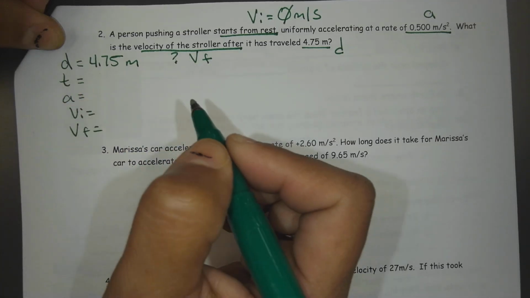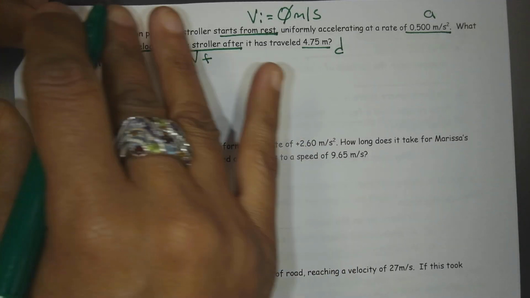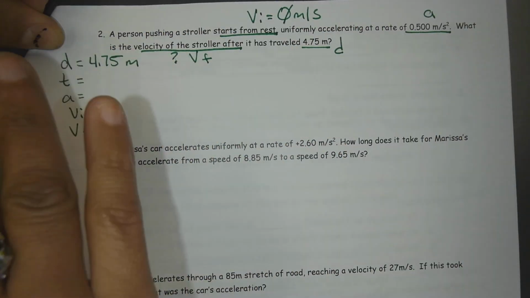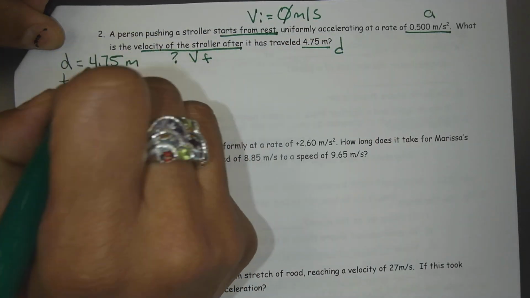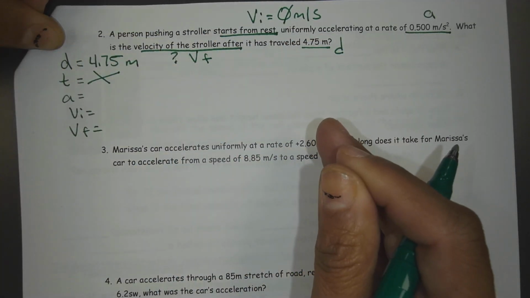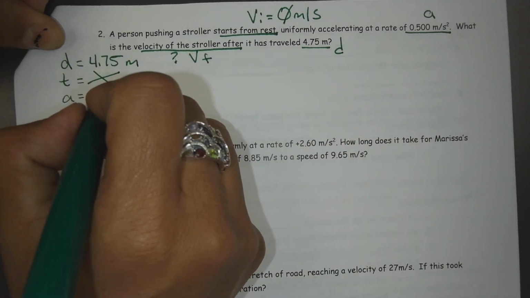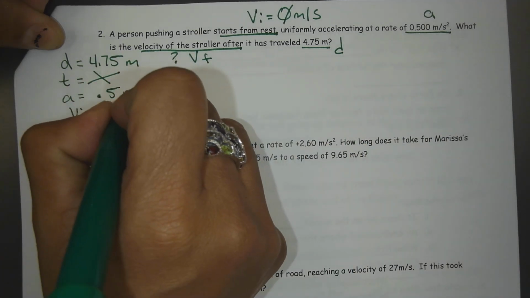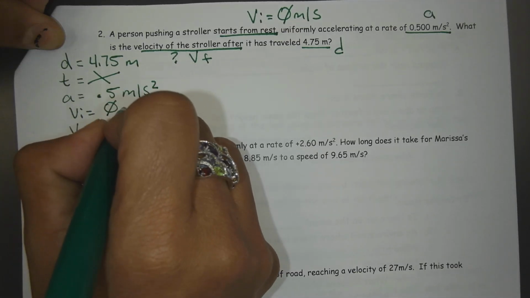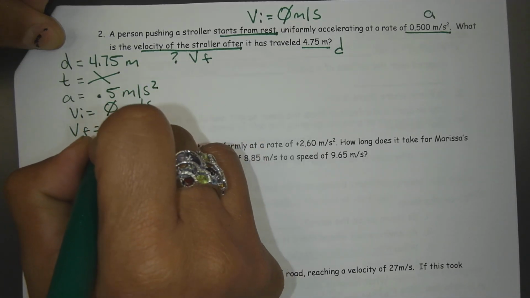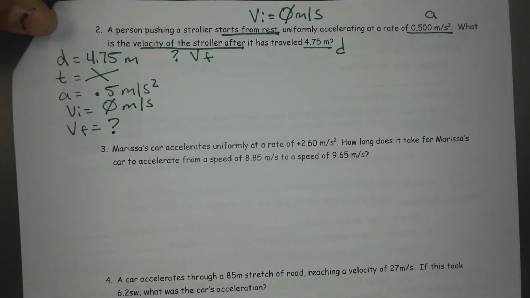T, whoa, there's no T here. When there is nothing given to you, I put an X. It's missing. That's what I call a missing variable. A is 0.5. VI is 0. VF is my question mark.